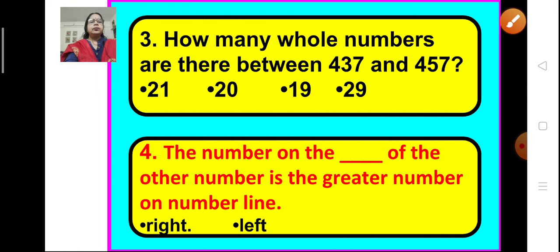Now, question 3, how many whole numbers are there between 437 and 457? So, children, you have to count the numbers, okay, between 437. That means 437 you don't have to count. You will start counting from 438, okay, until 456 you count. So, how many numbers are there between them?